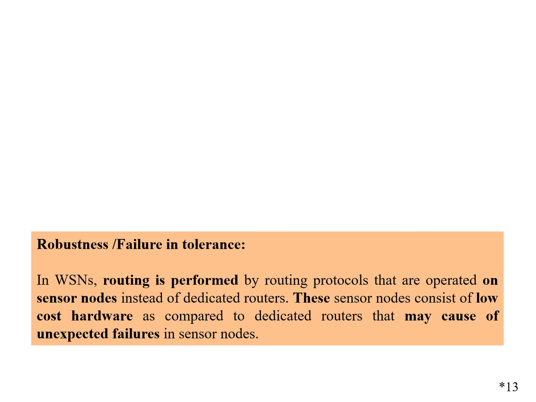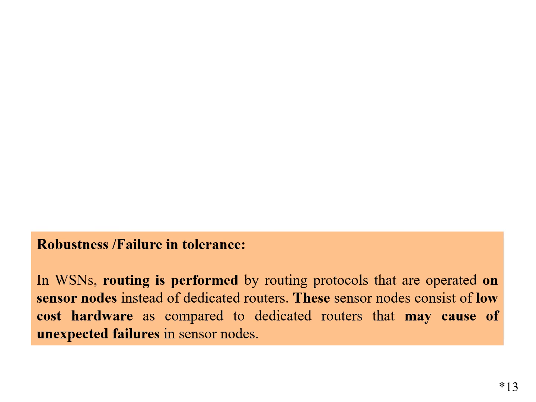Robustness and failure intolerance. This is another parameter we should consider while considering routing for wireless sensor networks. This means that routing is performed by routing protocols that operate on sensor nodes instead of dedicated routers.